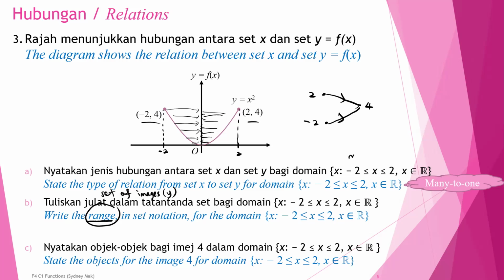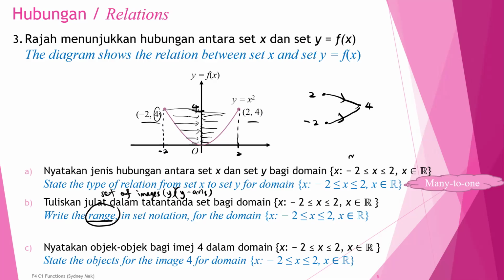2 and 4. Why is it 2 and 4? y values. You look at your y-axis. What are your y's? You see over here your y is 4.